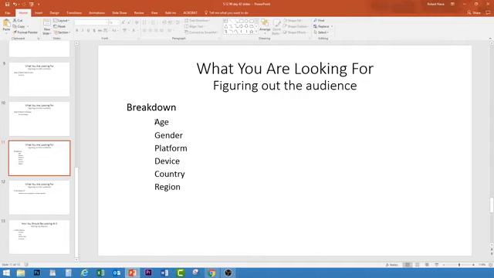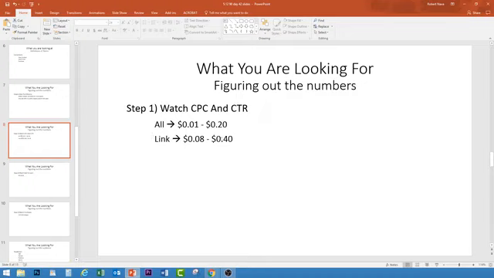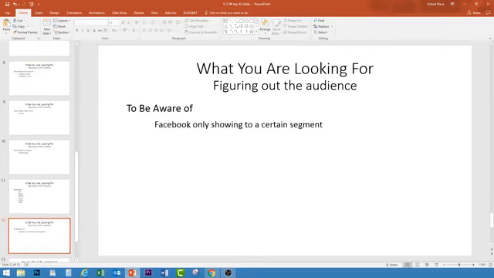Now, based on up here, that's somewhere in the middle, I guess. I raised it a little bit for you guys. What I want to know is who within that age range, that 18 to 65, is giving me the best clicks so that I can get it closer to the 8 cents, right?